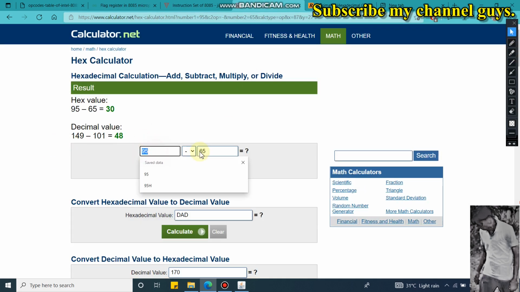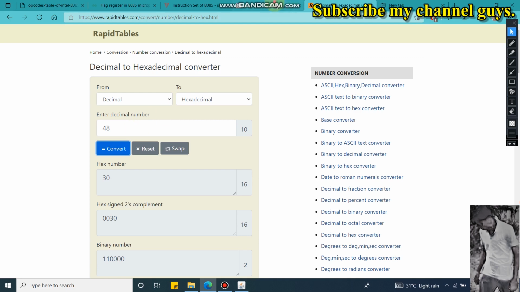You can see 95 minus 65 is 30, right? You can see here 30.